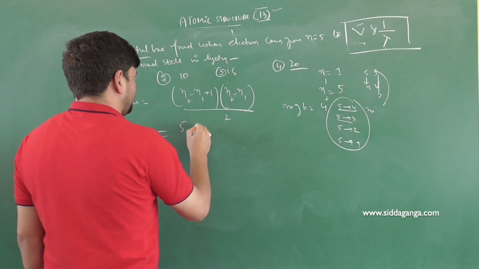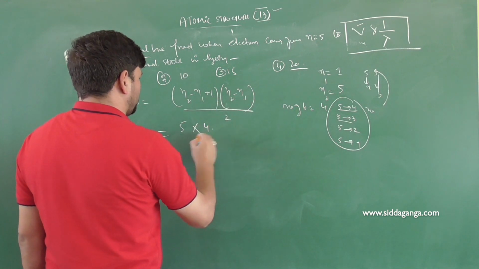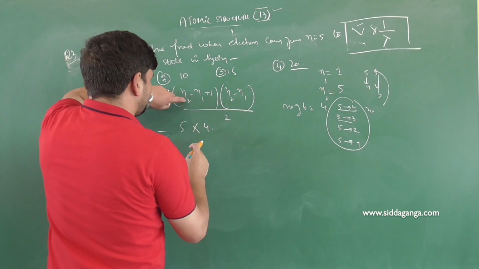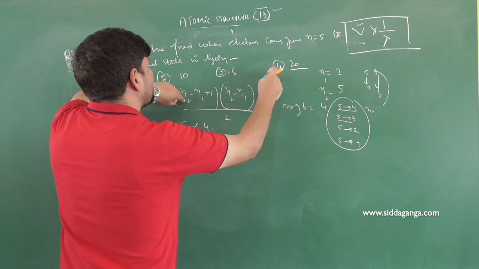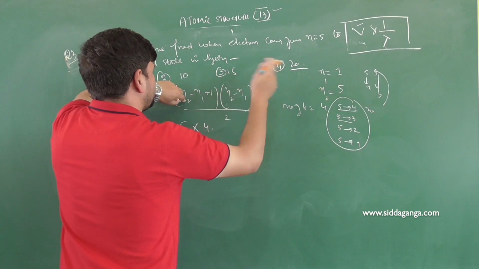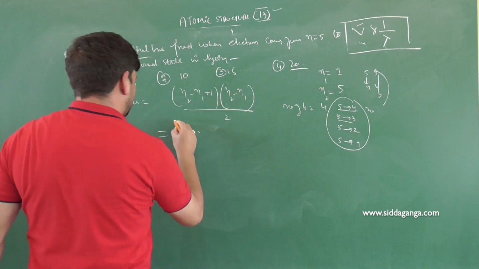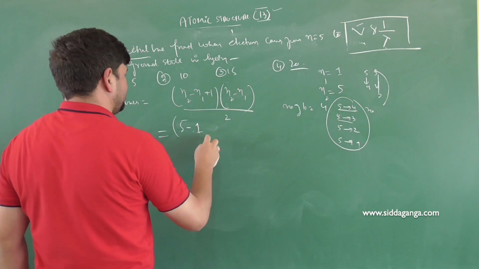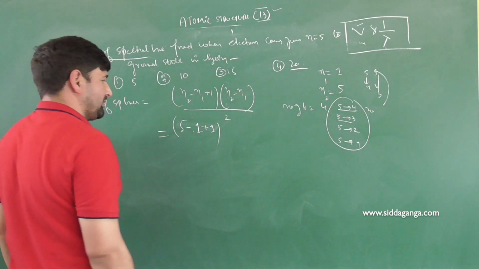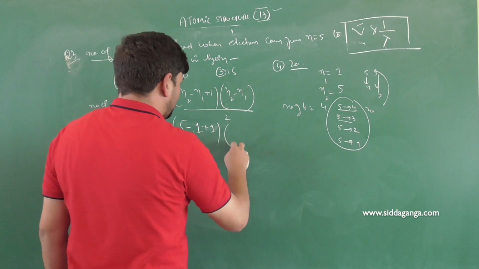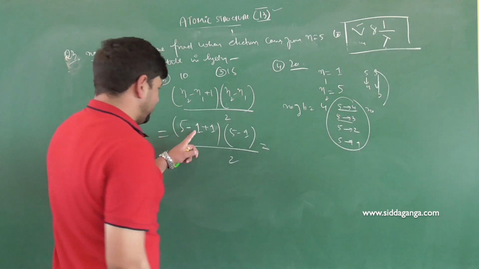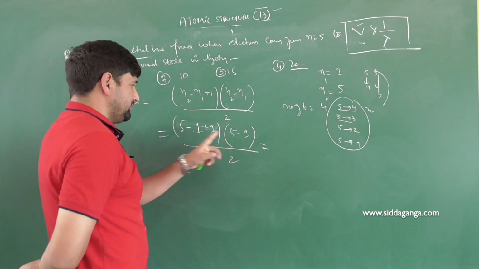So it will be 5 minus 1 plus 1, multiplied by 5 minus 1, divided by 2.